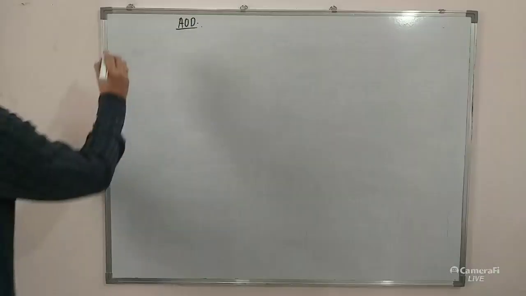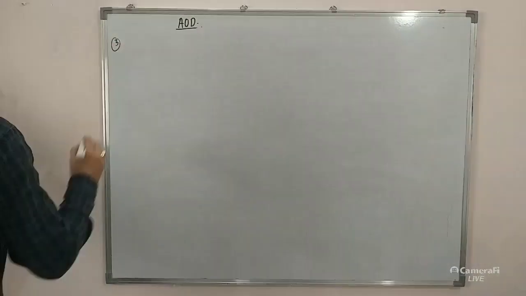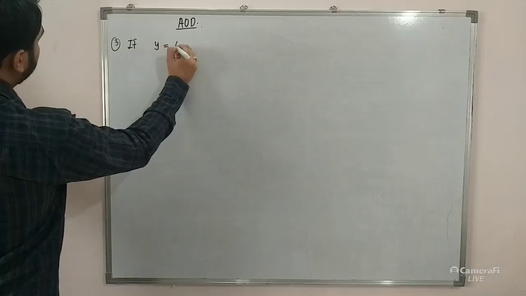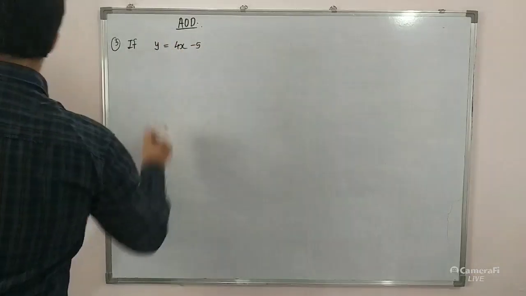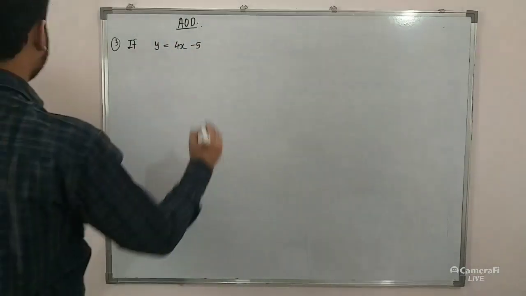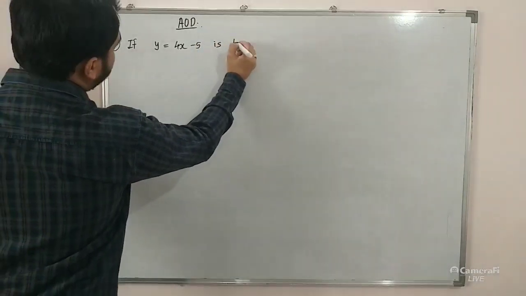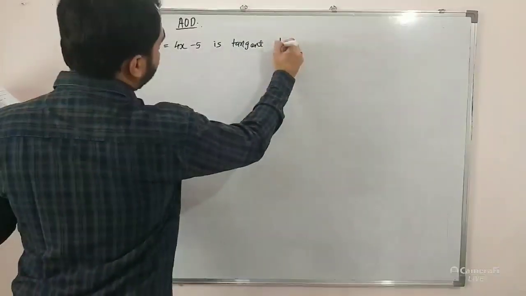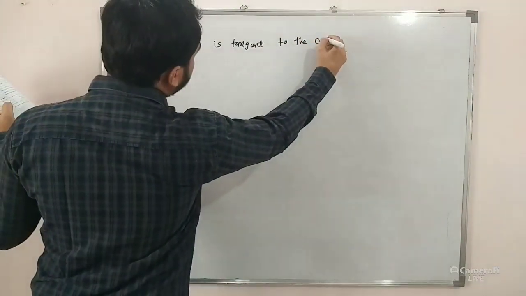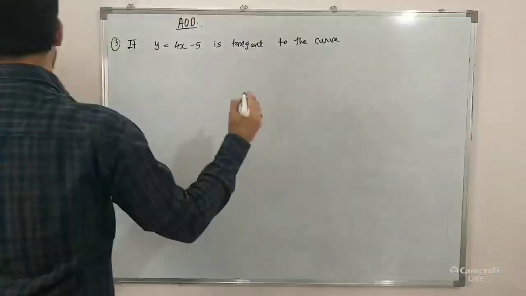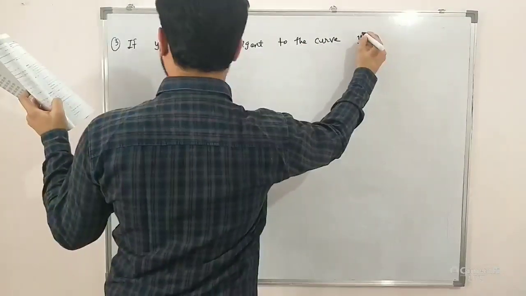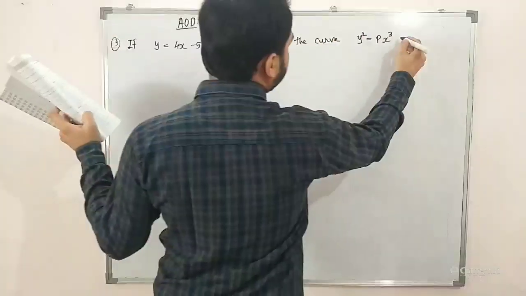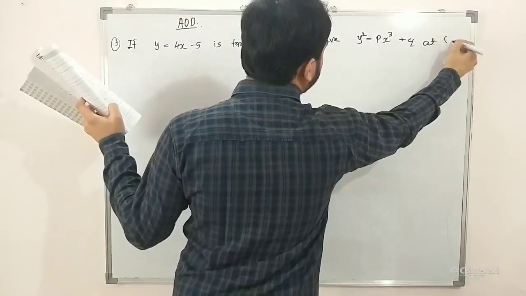In the third question, if y is equal to 4x minus 5 is tangent to the curve, which curve? y square is equal to px cube plus q at 2, 3.